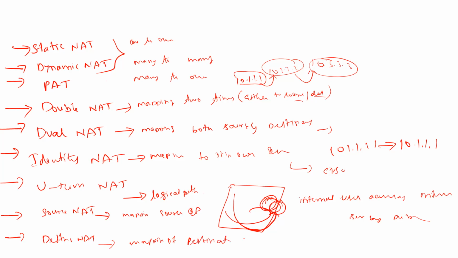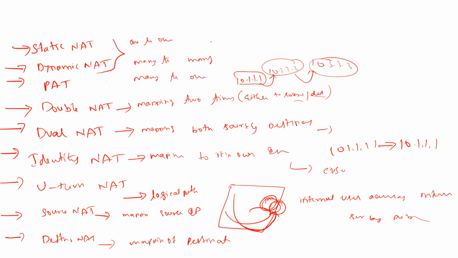Ideally, these three are the core NATs: static NAT, dynamic NAT, and PAT. Static NAT is mapping of one IP address to another IP address. Dynamic NAT is many to many translation, many IP addresses to many IP addresses, and port address translation is many to one IP address. So these are the main NATs.